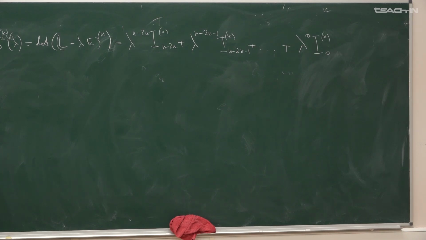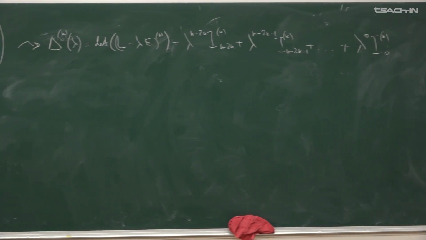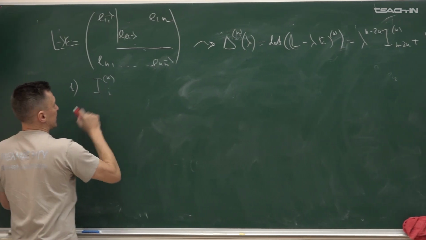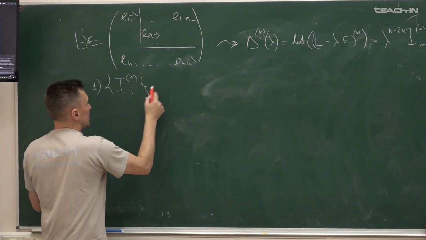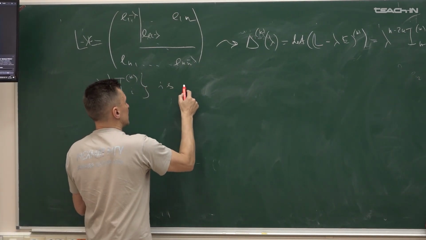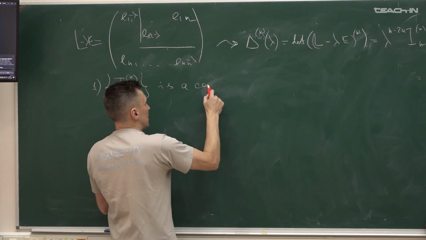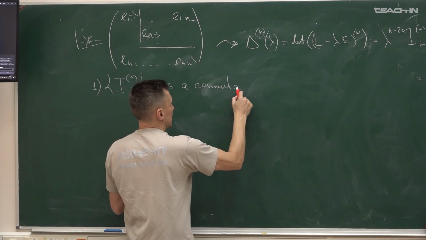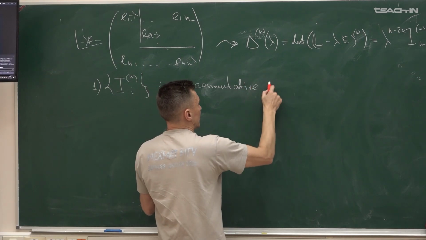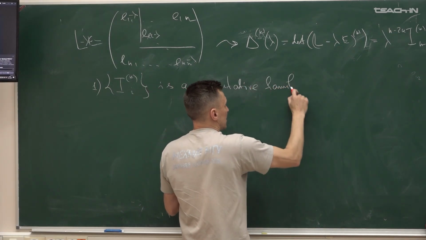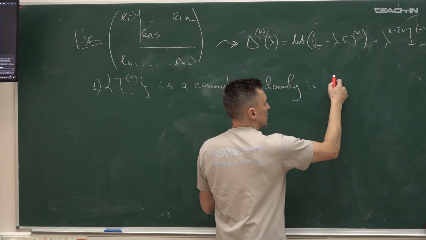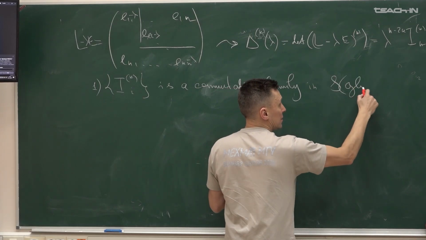Let me remind that this family of E_K^i is a commutative family in S of GL_N.